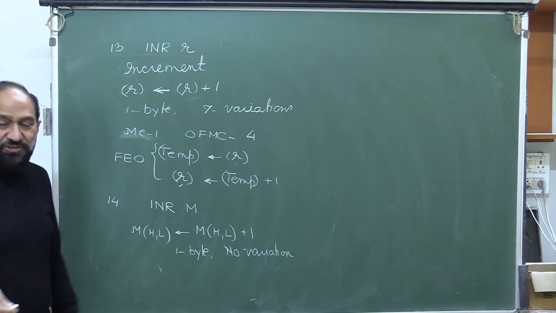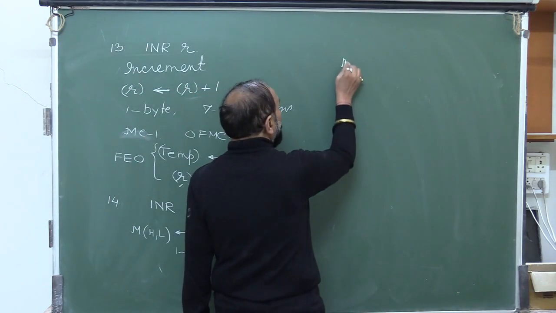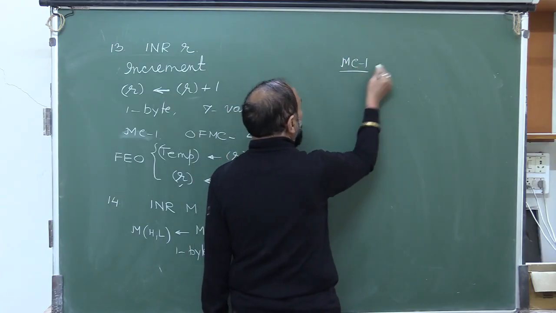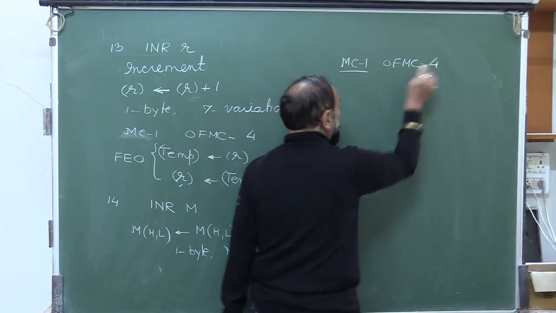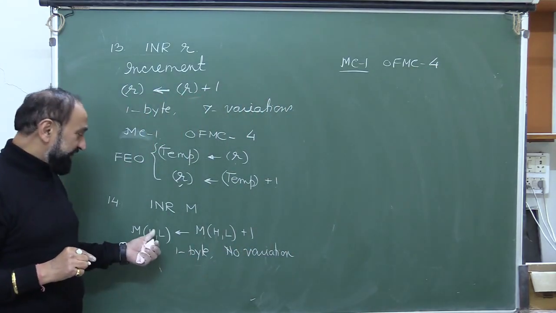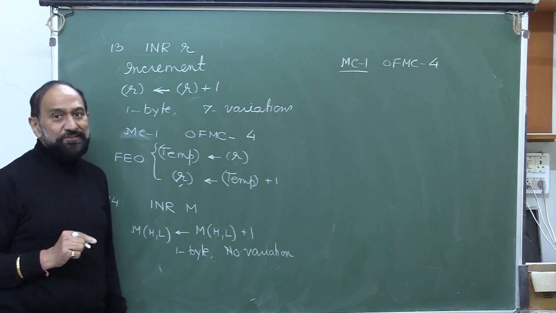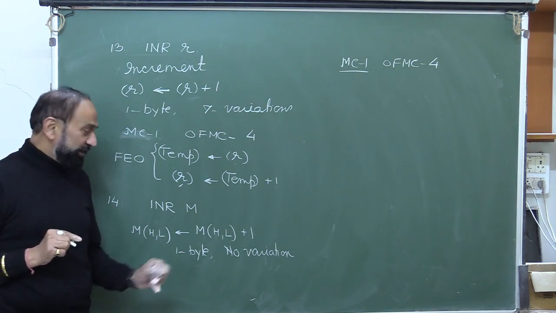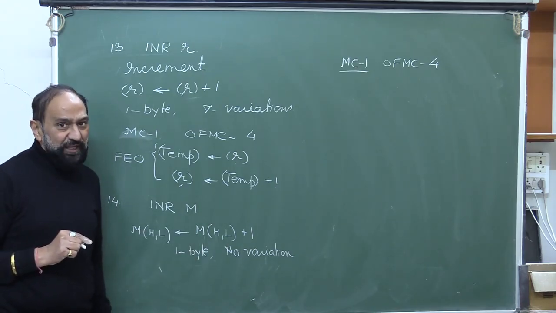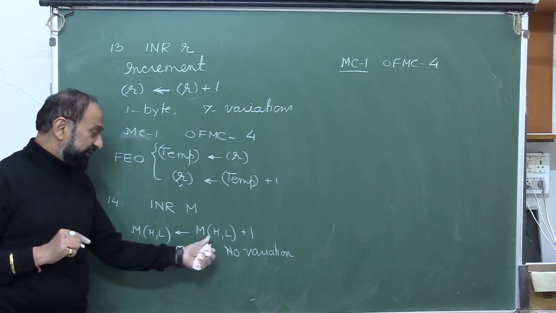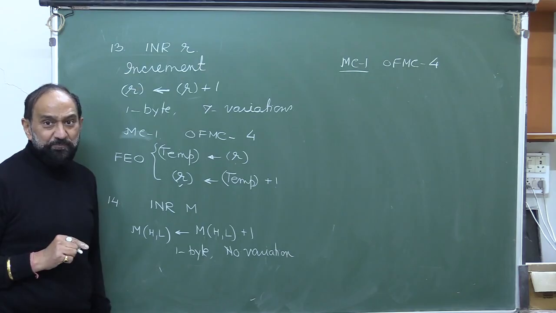Now how will this instruction be executed? Just think logically. The first machine cycle will be the opcode fetch machine cycle of 4 states. The instruction is fetched and decoded, and after decoding, the processor comes to know it is increment M, increment the contents of memory pointed by the HL register pair.